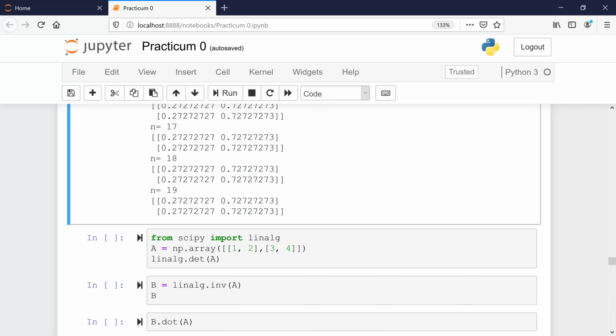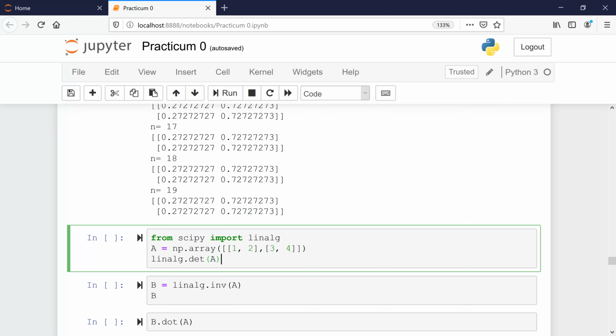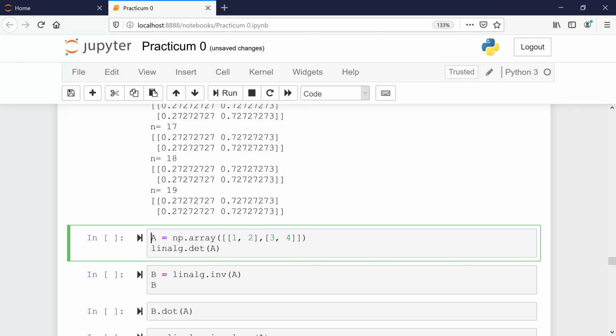Now, what else can we do? We can compute the determinant. For example, let us consider another matrix. Here I use SciPy, which is another library built on top of numpy, but actually I don't need it. Just numpy is enough: np.linalg.det.